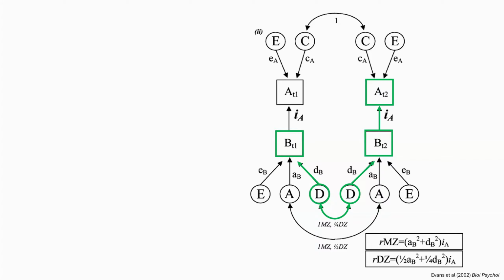Adding the contributions through the A and D paths gives the expected covariance for MZ and DZ twins.